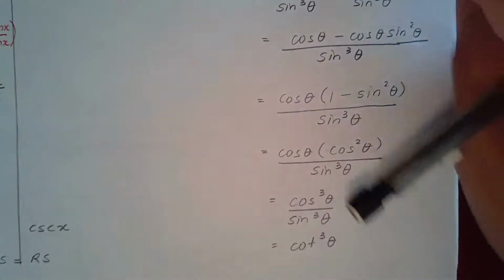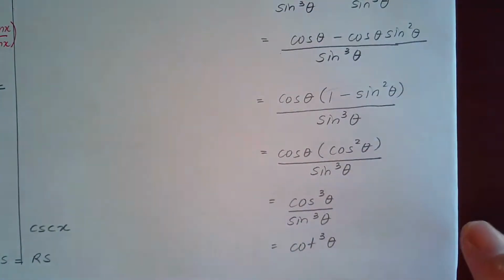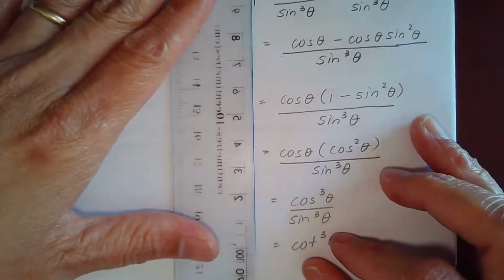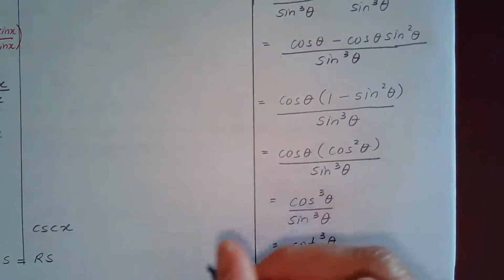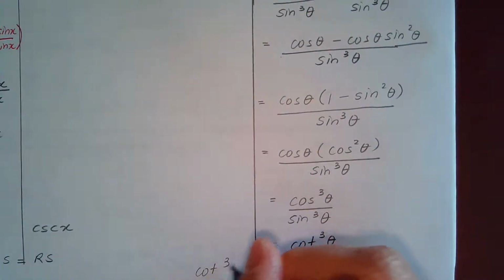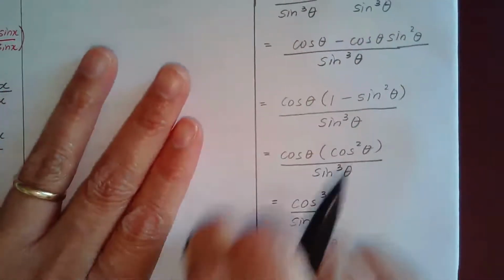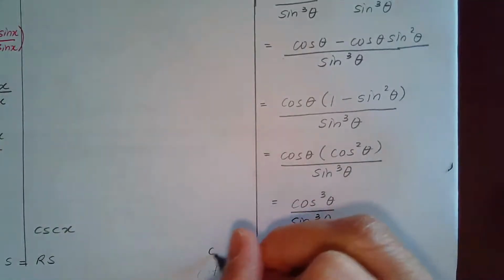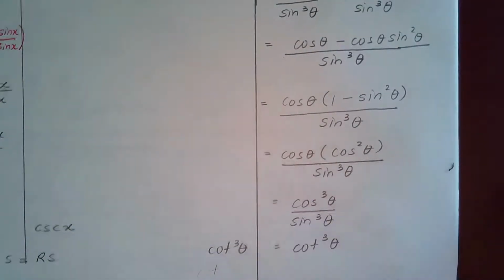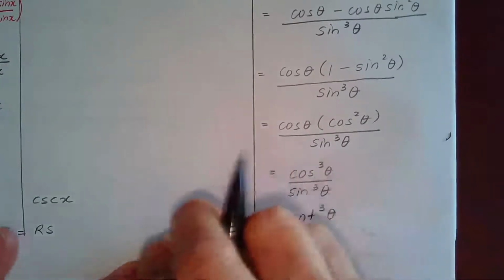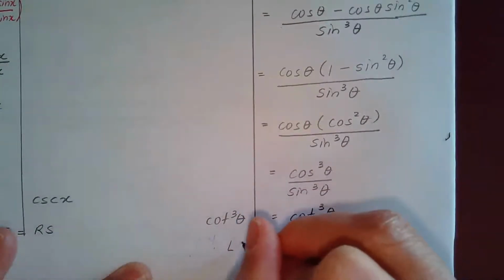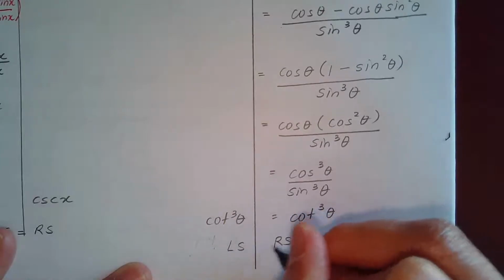So here's one strategy that I have. Sometimes there's more than one way of proving something. So this is cotangent cubed theta equals cotangent cubed theta, which means the left side is equal to the right side.